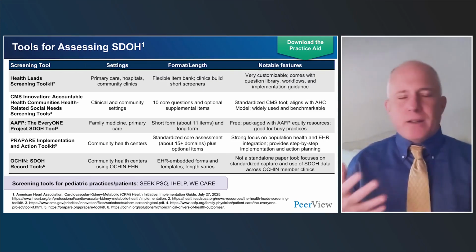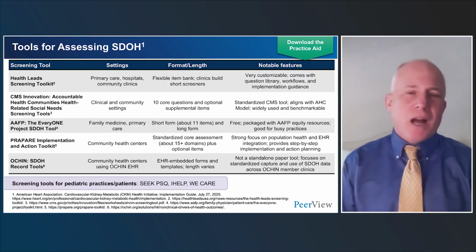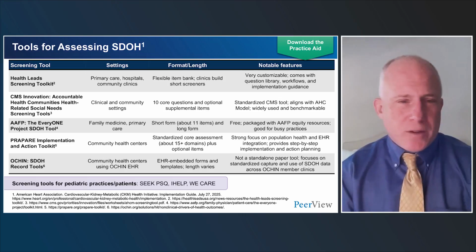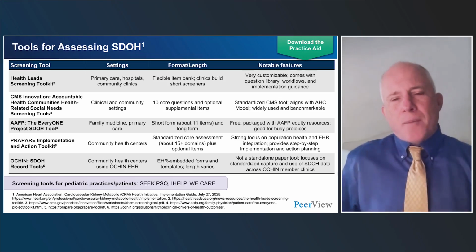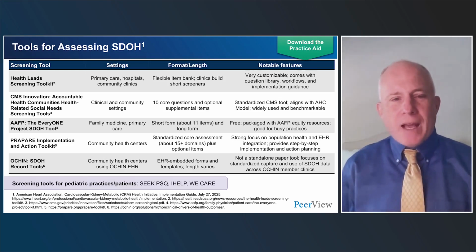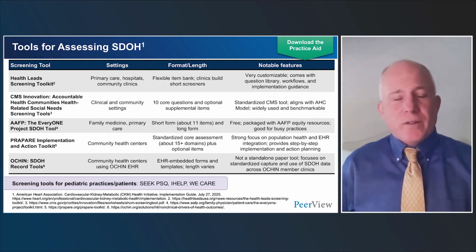So how do we build this into our practice? And I can tell you personally that we actually took a deep dive into social determinants of health in our practice. And there are many tools here, and they're all listed for you. As a family physician and diabetologist, I've used both the AAFP Everyone Project and the PREPARE kit. And I think if you're new to this, I'd really encourage you to take a look at these.